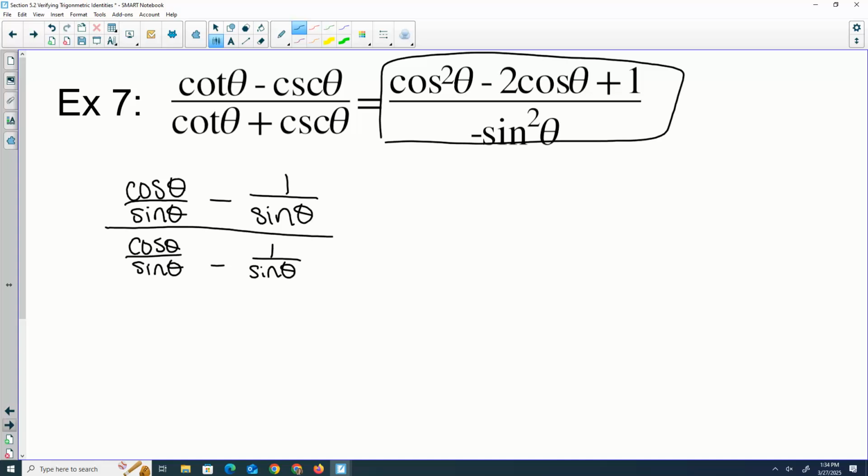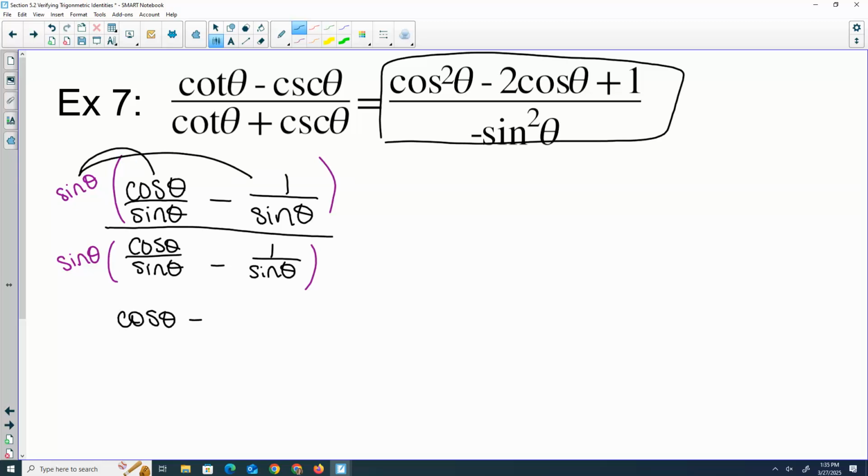From here, you notice all four of these have a denominator of sine. I told you it's legal to multiply top and bottom by the same thing. So what if we multiply top and bottom of this fraction by sine theta? When you do that, cosine over sine times sine would just give us a cosine.